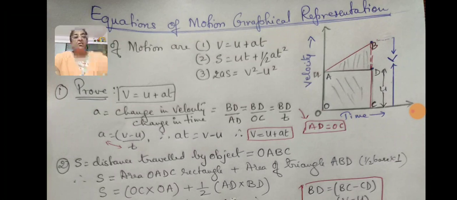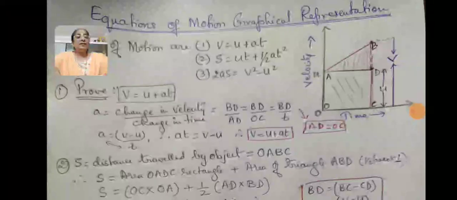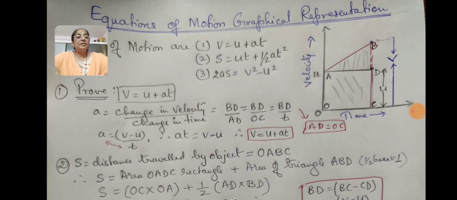Now the first equation we need to prove is v is equal to u plus at. Now we know that a is equal to change in velocity upon change in time. Now change in velocity from where to where? BD upon AD. Now AD is the time, BD is the velocity.